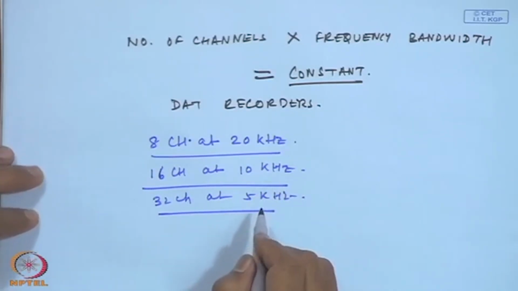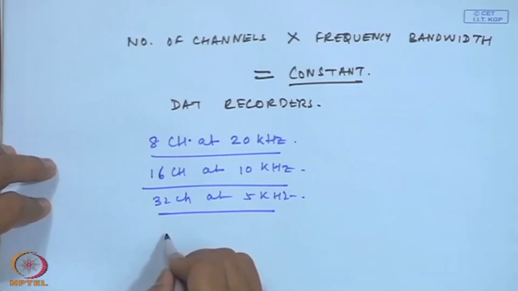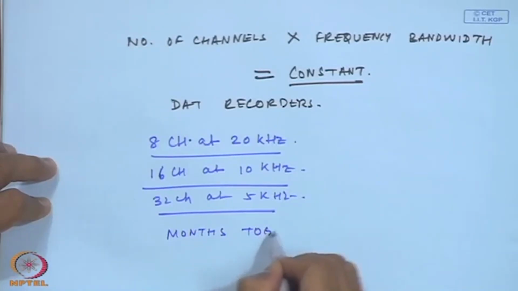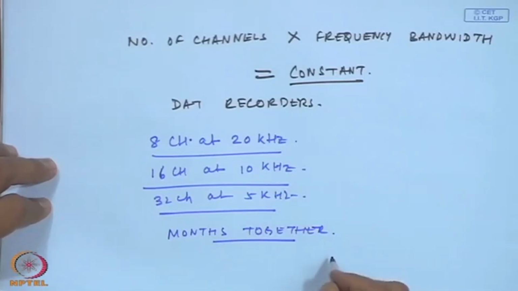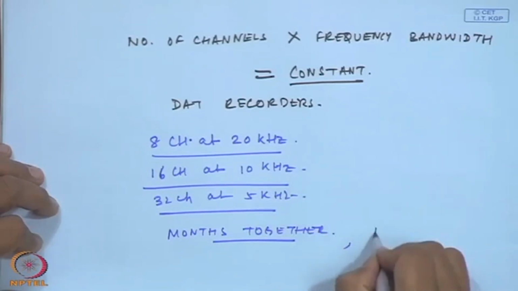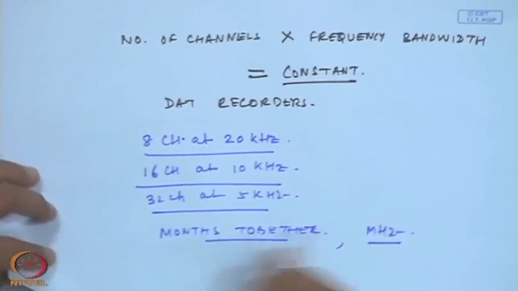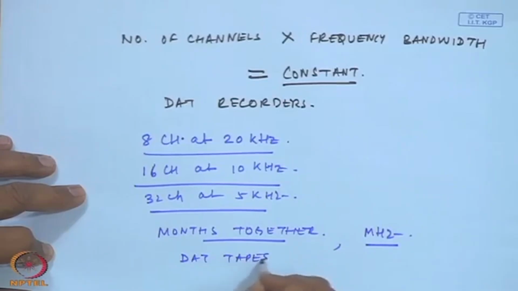But the limitations of such DAT recorders are, I obviously cannot record for months together, and I obviously cannot record at very high frequencies, maybe in megahertz. And then of course, this has to be stored in DAT tapes, which could be contaminated.